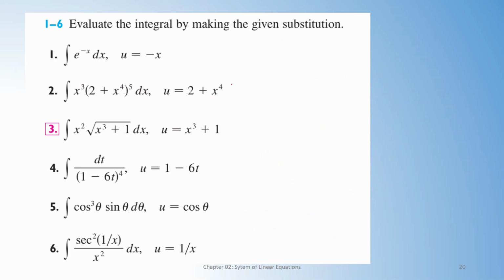Question number 4: we have dt over (1 minus 6t) to the power 4. Your substitution is given as u equal to 1 minus 6t. Then du is 0 minus 6 times the differentiation of t, which is dt.